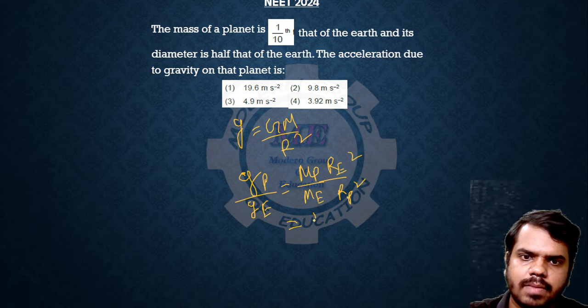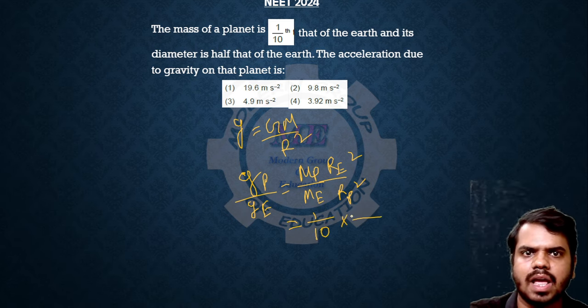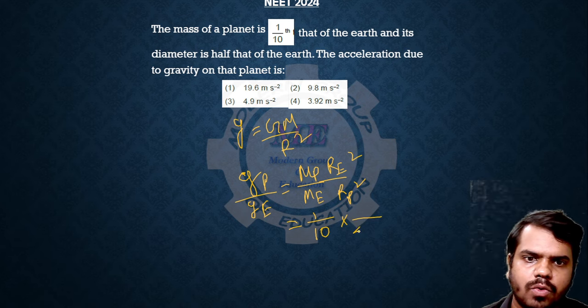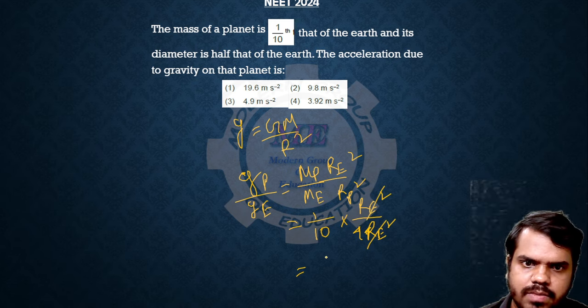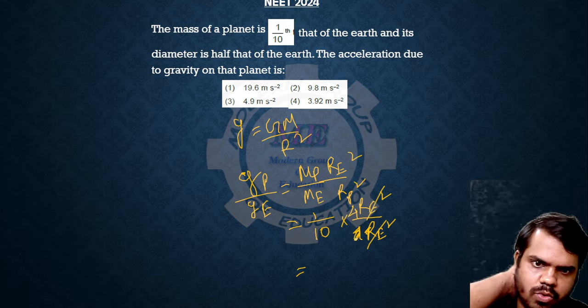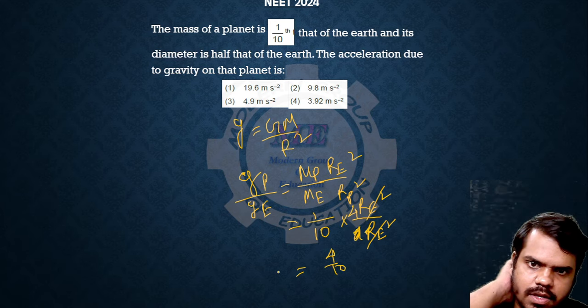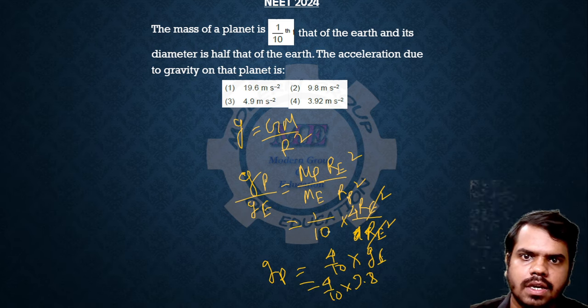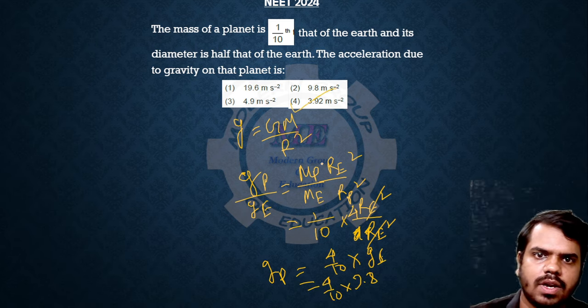Here mass is 1 by 10, and the diameter is half, so the radius is also half, so it will be 4 R_E square, and R square gets cancelled out. So it will be 4 by 10. g planet will be 4 by 10 into g Earth, that is 4 by 10 into 9.8, which is 3.92. Answer 4 is correct.